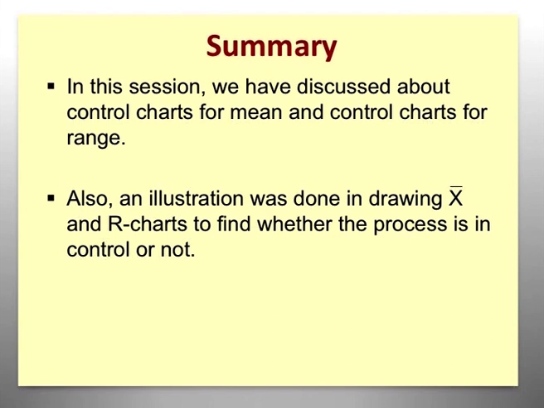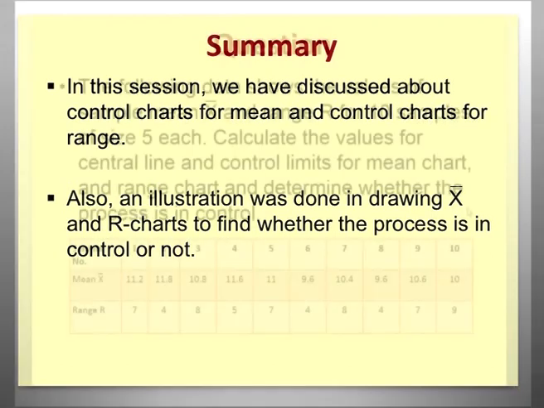And after plotting the points on the graph sheet, we see that in X bar chart there are some points which go out of control, or that is out of the coverage area of UCL, and in R chart all the points are under control. Although process variability, that is R chart, consists of all the points between UCL and LCL, since X bar chart is not showing control, we would ultimately interpret the result as whole process is not in control.